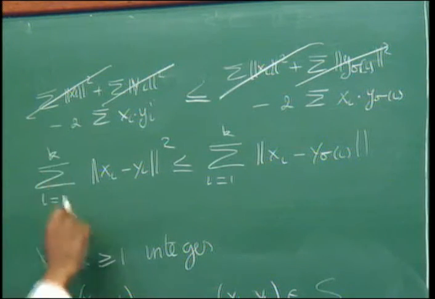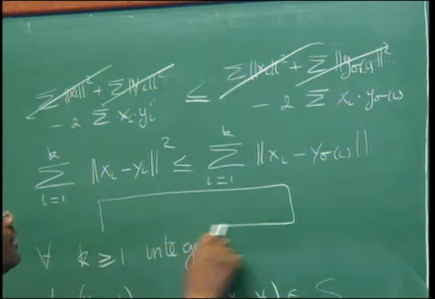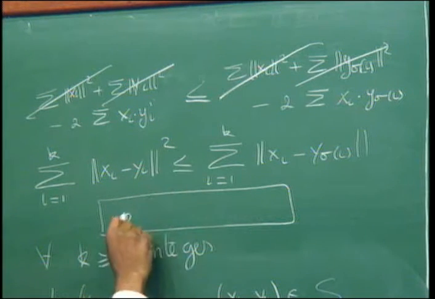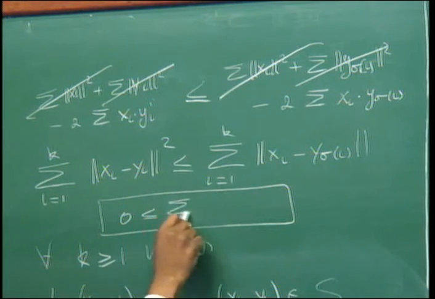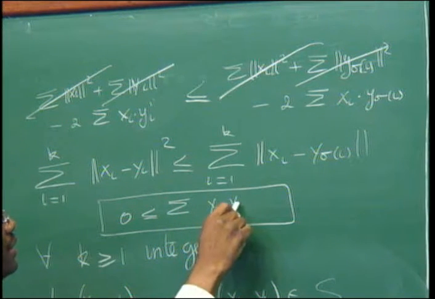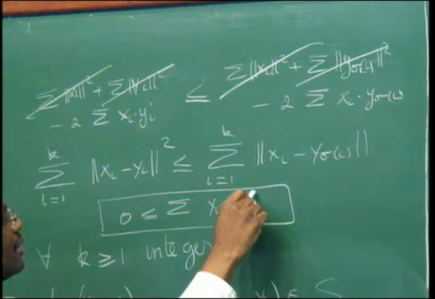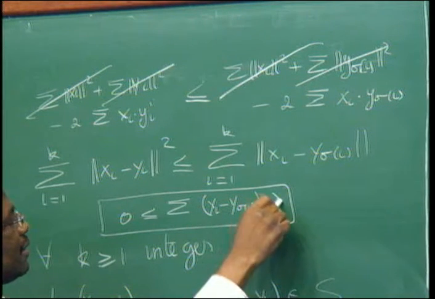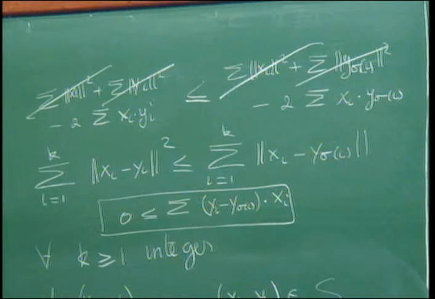And what you will find often is that 0 is less than or equal to the sum of (yi minus y sigma(i)) times xi. Right? So this is the definition used by Rockafellar, which is equivalent to what I wrote above.